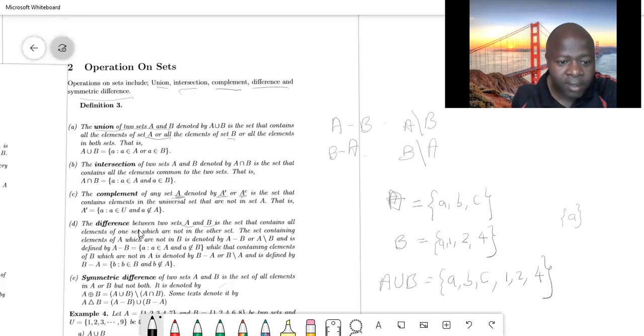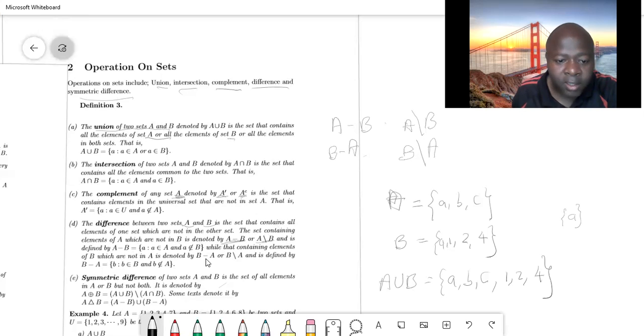That's what I've said: the difference between two sets A and B is the set that contains all the elements of one set which are not in the other set. For example, the set containing elements in A which are not in B will be denoted by this, or we can also denote it by that.